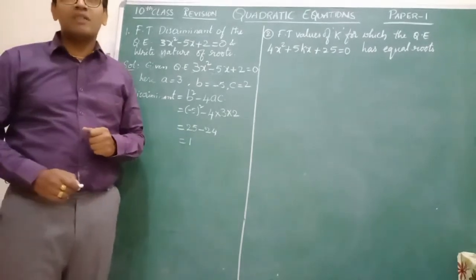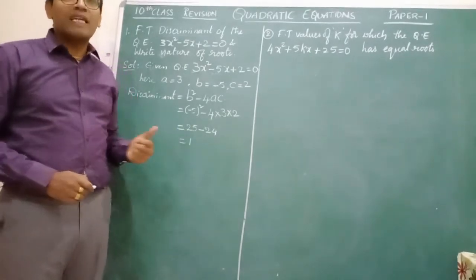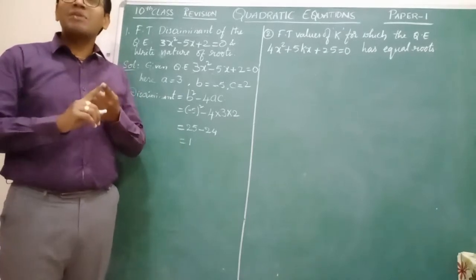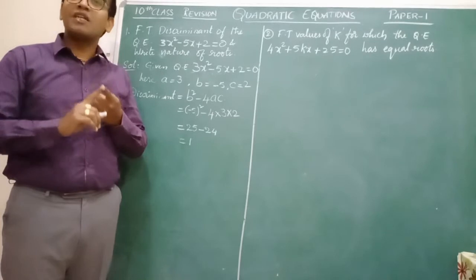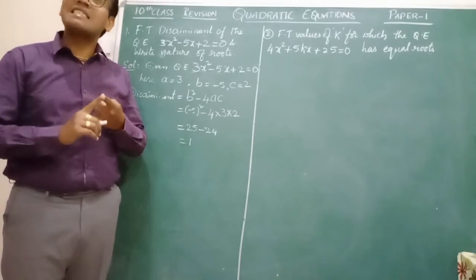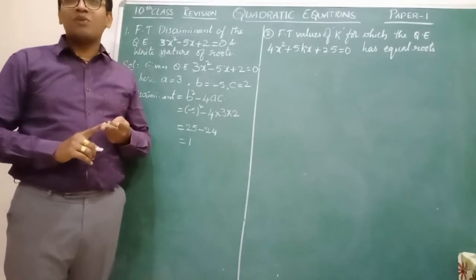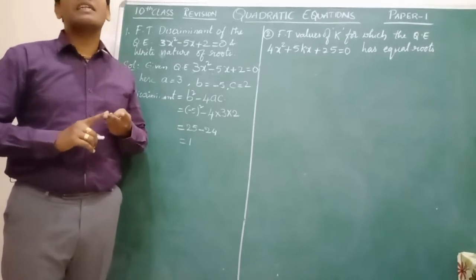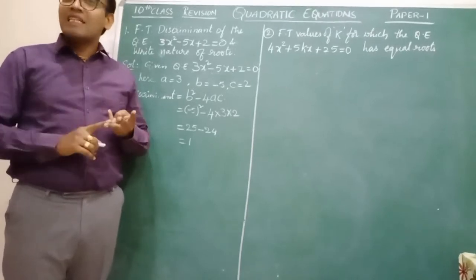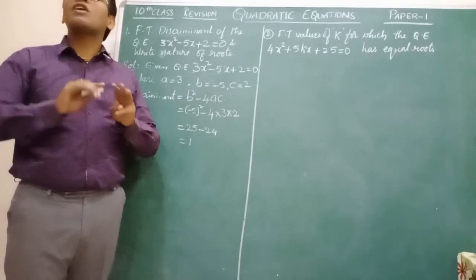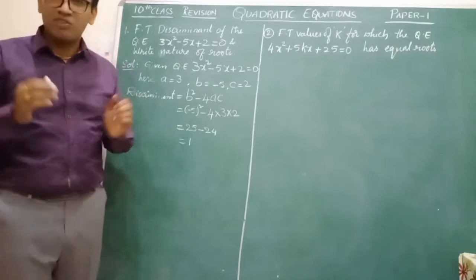Children, you have to remember, we can decide the nature of roots by the discriminant value. There are 3 conditions. If the discriminant is greater than 0, the roots are real and distinct, means separate. If the discriminant is equal to 0, the roots are real and equal. If the discriminant is a negative value, less than 0, then the roots are not real, which means imaginary.